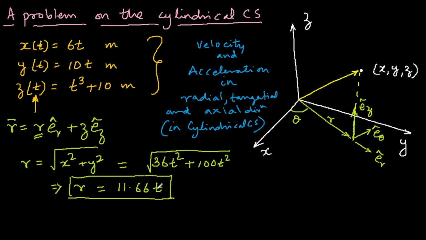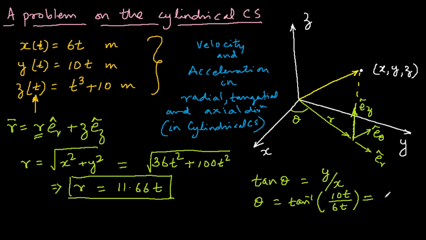And similarly, what about theta? Now we know that tan theta is nothing but y over x. So theta will come as tan inverse of 10t over 6t, so that means 10 over 6, and it's around 59.04 degrees.